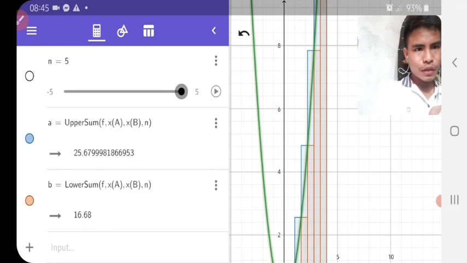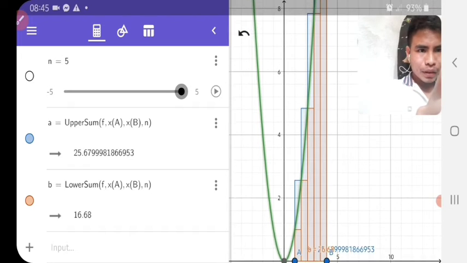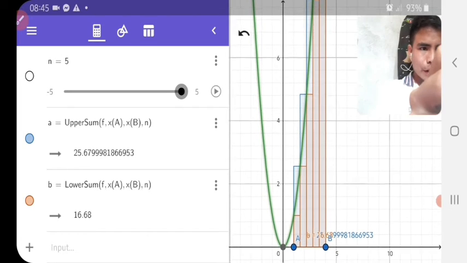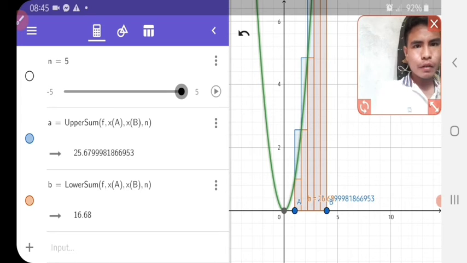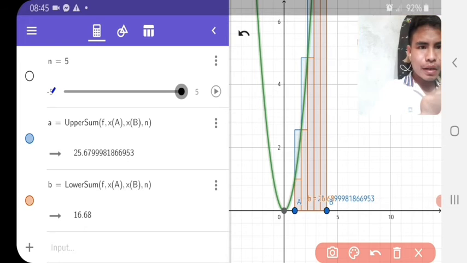As you've seen here, the lower sum starts from this side up to this one, and from this partition to this one, starting from the left side.